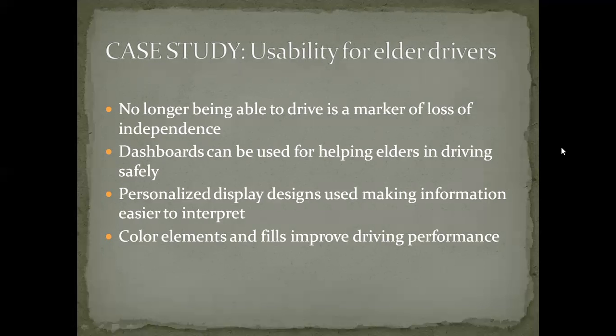In particular, elders face a decline in their ability to perform secondary tasks while driving, which require attention switching between the primary task of driving and the secondary task of looking at in-vehicle information displays, such as instrument panels or navigation displays. With technical opportunities of future in-vehicle systems, we expect that better display systems can be designed and deployed that help elder drivers in the future.